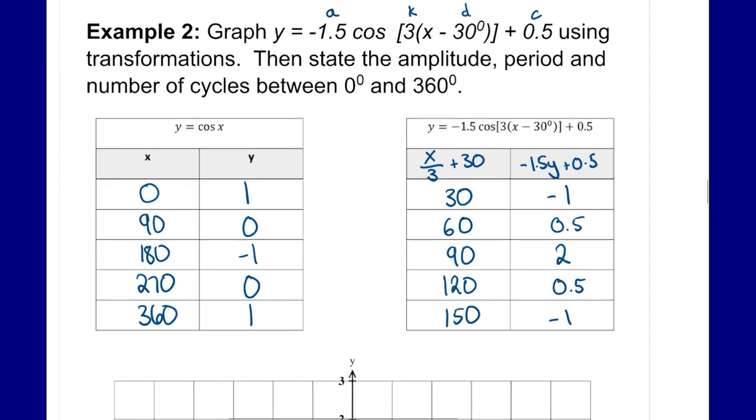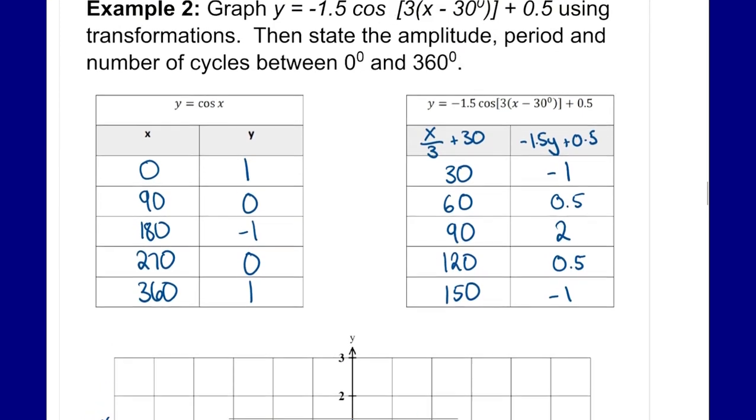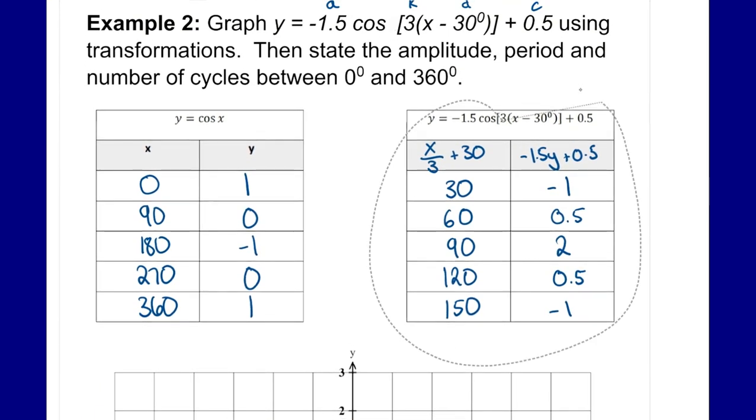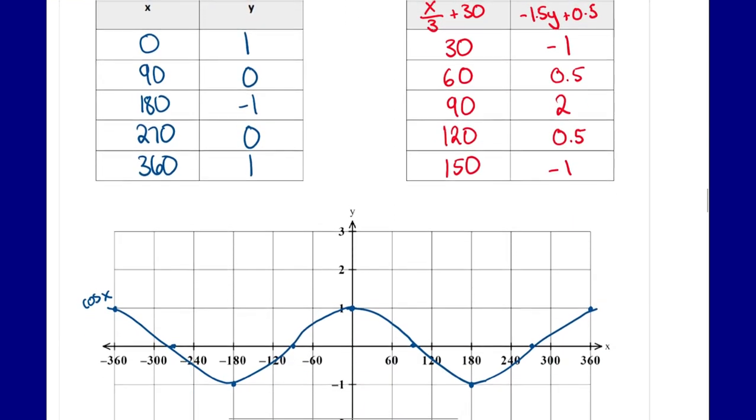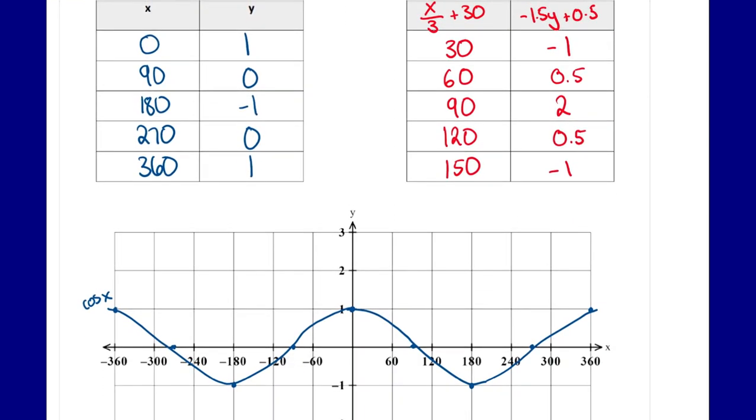So let's take these values. Let me change the color just so we can kind of keep it consistent. Let's go through and graph these points. So at 30 and negative 1.